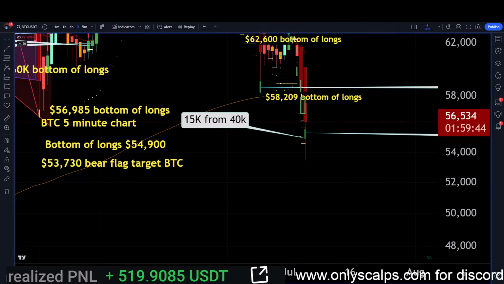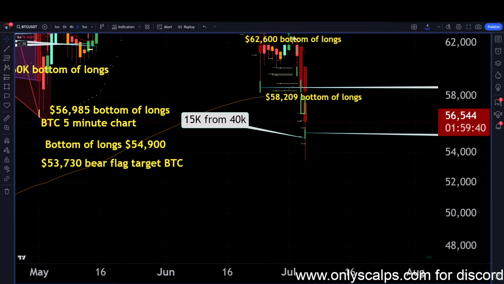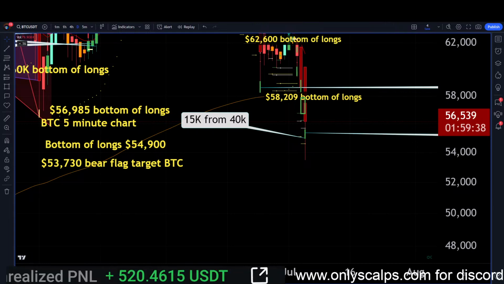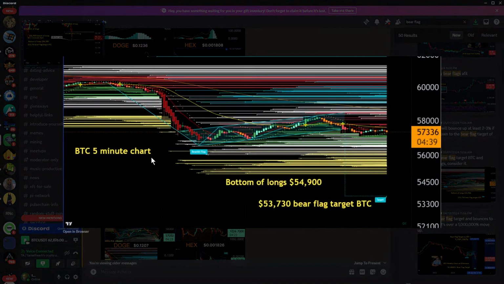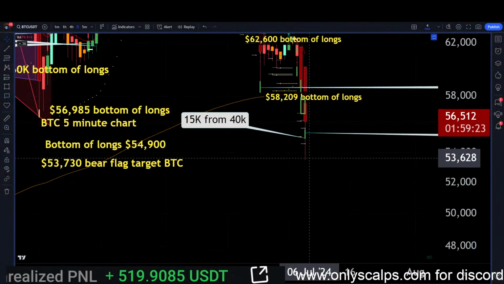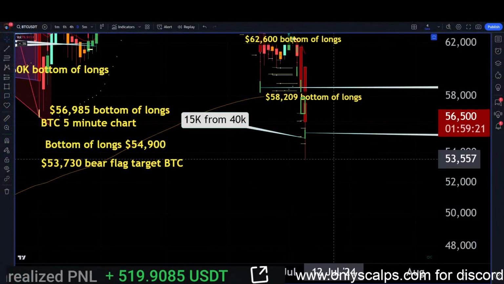Let's go to my Discord, I had this in Discord for you guys. Let's pop it up, show you real quick. So this was my post back on May 1st. This was the Bitcoin bottom to consider, $53,700. Where did we go on the bottom here? 53,557.